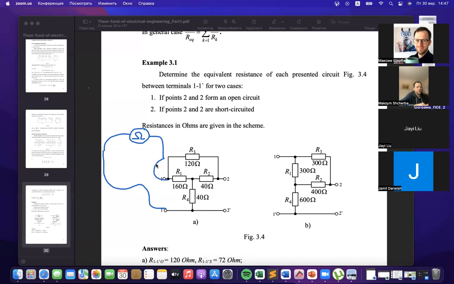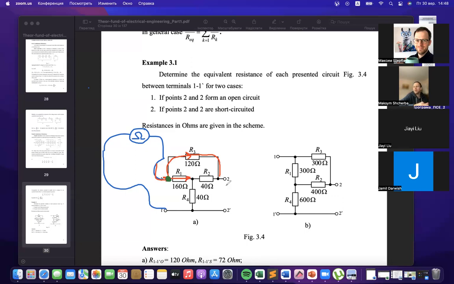First of all, from point 1, if we make some current, the current will divide into two paths, because here we have a nodal point, let me show it, as the green one. Then this current will flow, and point number 2 is disconnected.